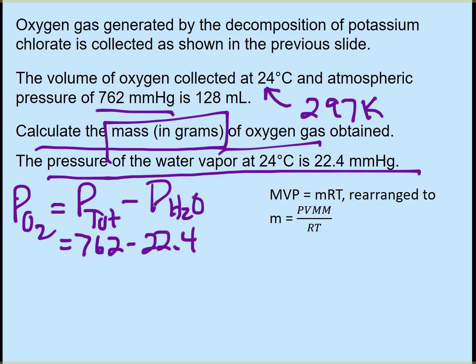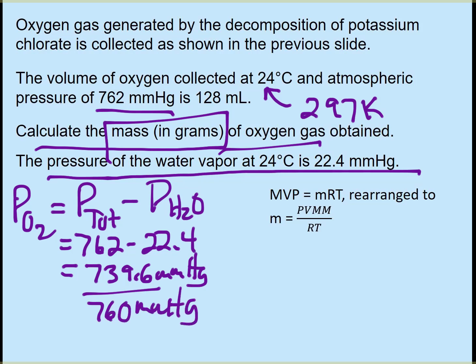They'll just flat out tell you what it is. Okay, this is millimeters of mercury. I like using atmosphere, so I'm just going to divide by 760 millimeters of mercury, and that will give me my atmospheric units for our next step. So this is almost 1 atmosphere.